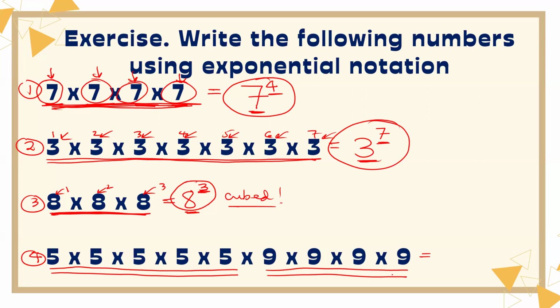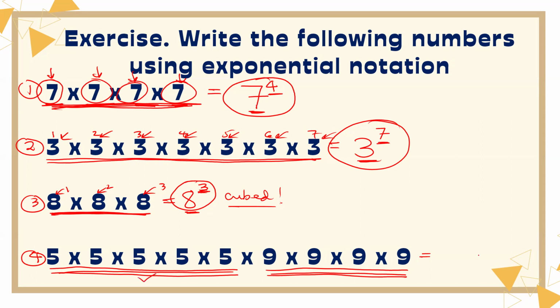Very good. We can only combine 5s with each other and 9s with each other. Okay? So what would be the first base that we would be having for this example?